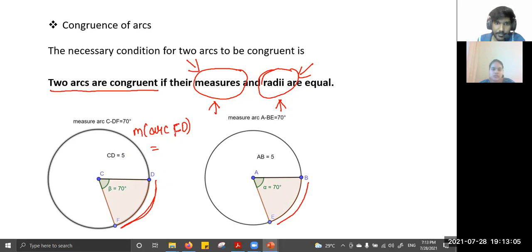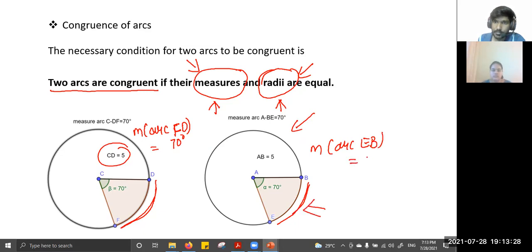Sorry, FD. 70 degree. And the radius of this circle is 5 centimeters. Look at this circle now. What is the measure of arc EB? That is this one. What is it? 70. And also the radius is 5 centimeters.